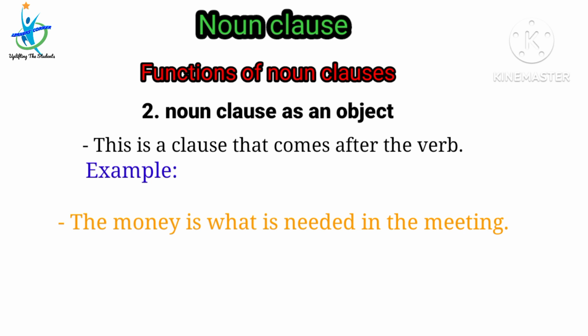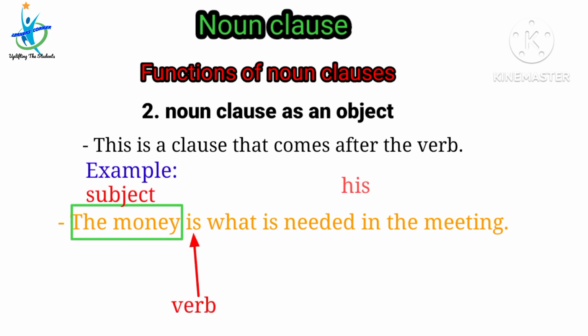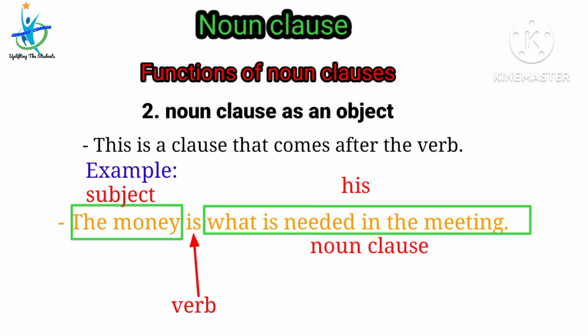So, if you want to replace what is needed, which is the object in this sentence, you can say the money is his, for instance. So we have his there, which replaces the noun clause, and this his is a possessive pronoun. And why do we say it is a clause? Because we have what, which is the subject, and is, the verb.